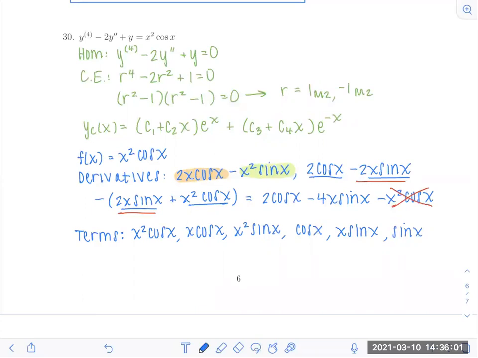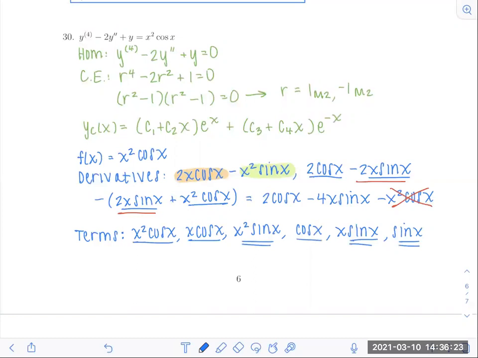I don't need to look at any further derivatives because I'm just going to continue to repeat the terms that I have already listed. So when we take a look at all of our terms here, I have 1, 2, 3 cosine functions, and I have 1, 2, 3 sine functions. And when I look up top, hot diggity, I don't have any duplication.